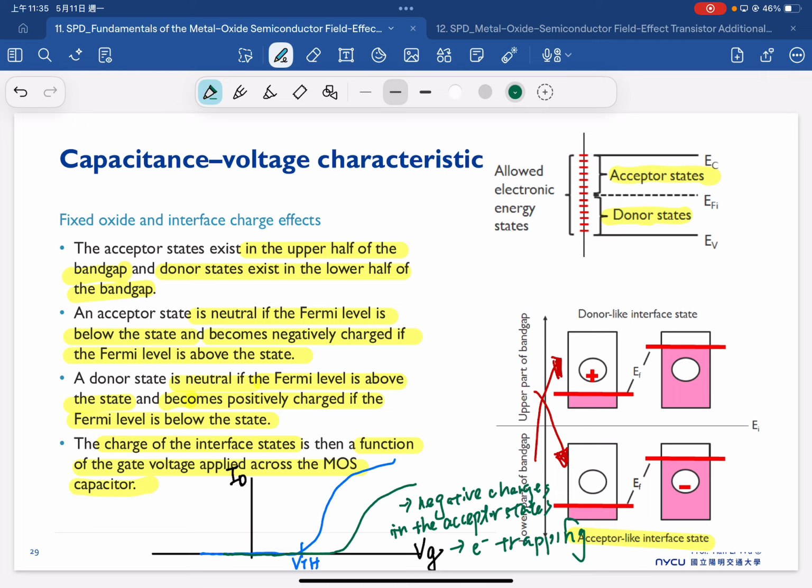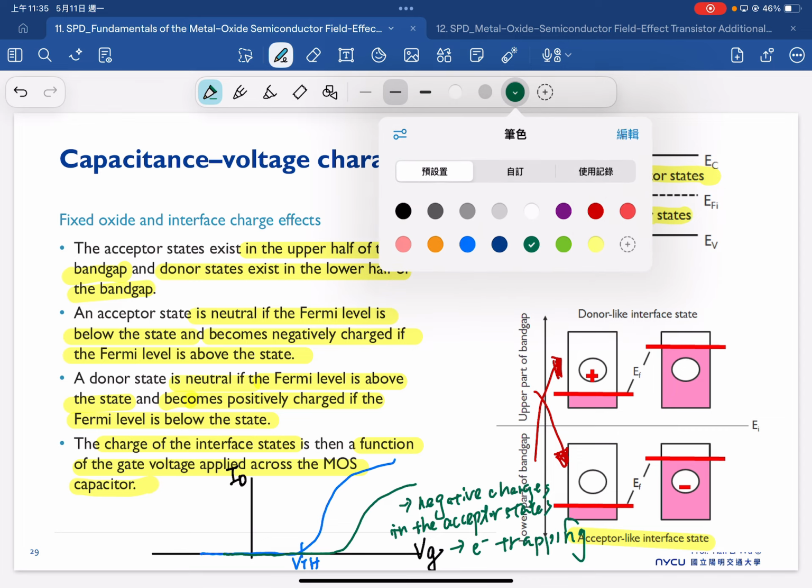That's why we define the acceptor state, because in the end we hope to understand why in a certain case our IV curve will shift to the right, and what kind of state trapping will influence it. Using this definition, we understand this is an acceptor state that causes electron trapping.